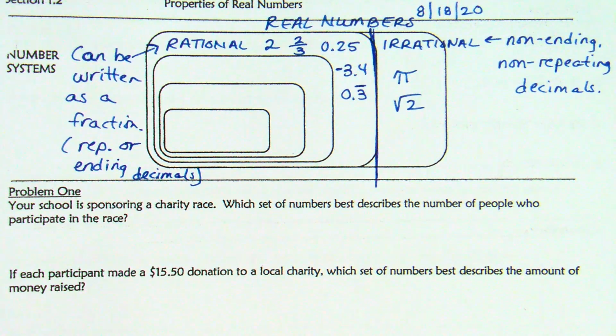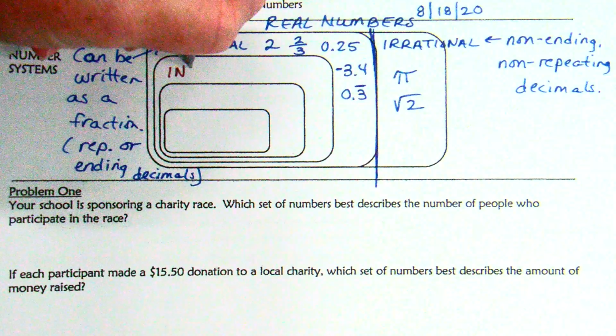So, all real numbers either fall into the category of rational or irrational. Now, you'll notice we have some subcategories under rational. And the first subcategory is integers. Any remembrance of what integers are?